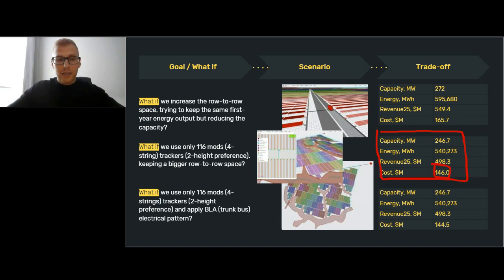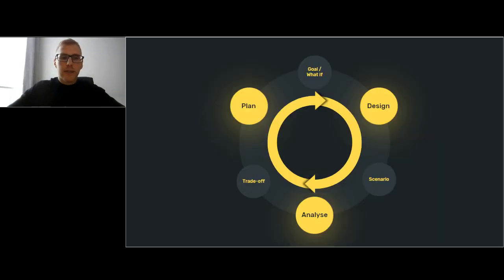And then again, the third case, when we use a different electrical pattern, which, by the way, can also stick to the same energy if we stick to the same DC losses or to the same voltage drop. But cost again might be even cheaper. So basically, what I'm trying to show here is that the communication between the developer and EPC contractor is just going through our feedback loop.